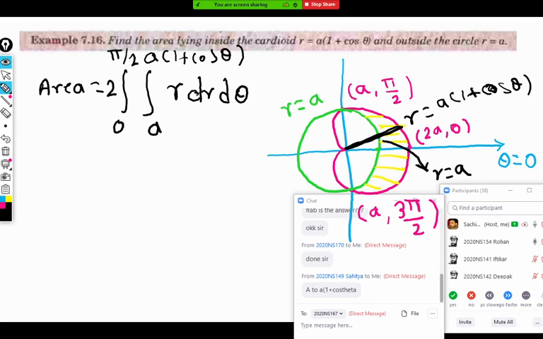After that, it is not taking the same limits there. We are taking 2 because this shaded area in the first quadrant, the same area exists in the fourth quadrant there.